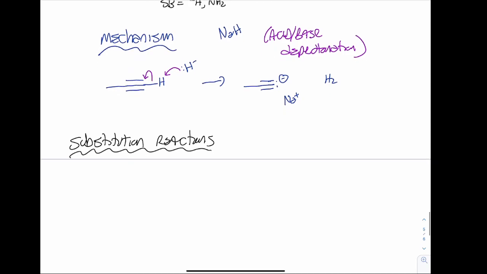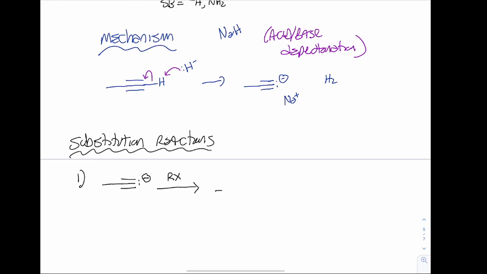And our first one, we're just going to react it with an alkyl halide. So I have my acetylide ion, which you do have to prepare first. So I would probably start with the alkyne, I would give you a strong base in one step, and then in a second step, I would give you the alkyl halide. And we can do some examples like that in a minute. And then I'm just going to use RX.